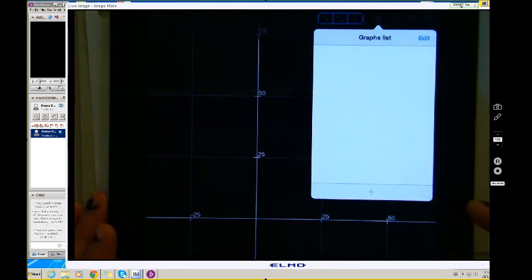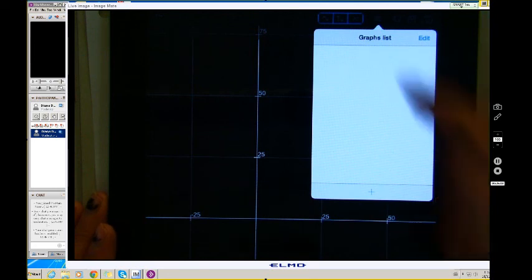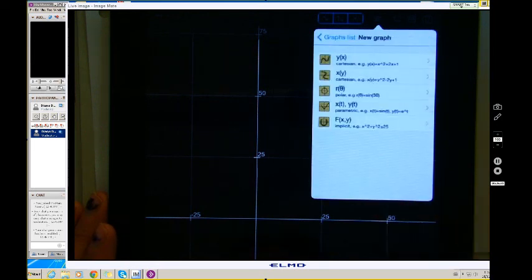Is everybody there? So you got the list. You need the list, and you want to add a graph. So list. Add a graph. Just add.